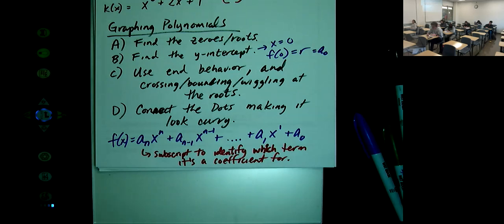Good question. You will never see a subscript when there's an actual number there. You're not going to have a 3 with a subscript of 1. It's only on these things with coefficients or stuff like that.